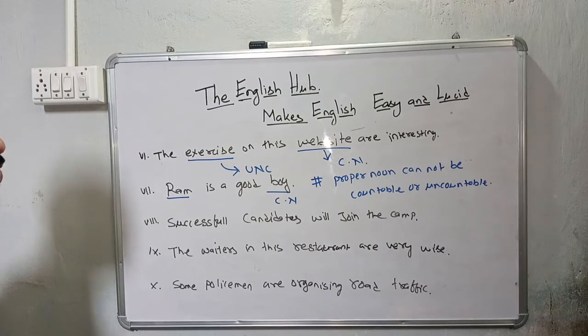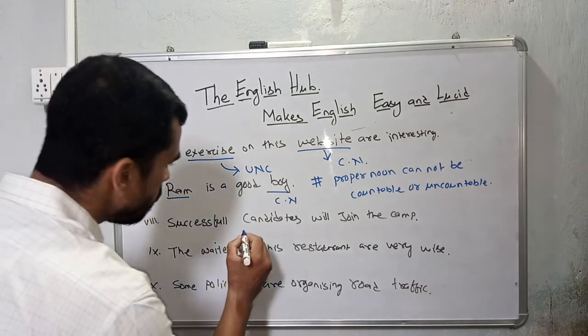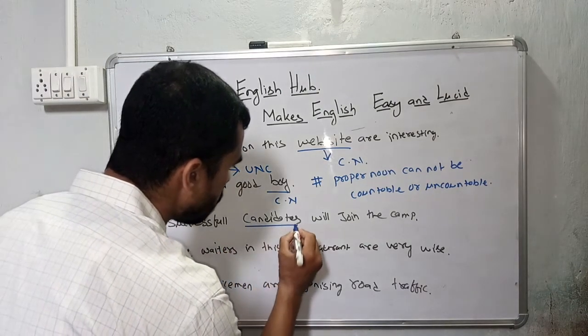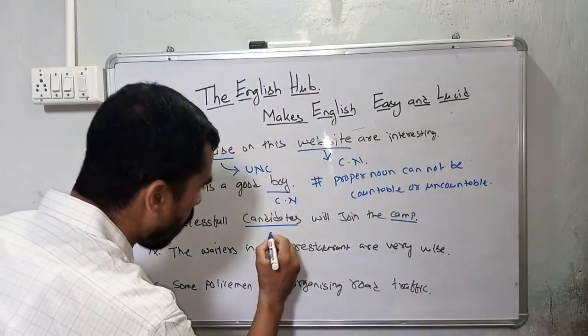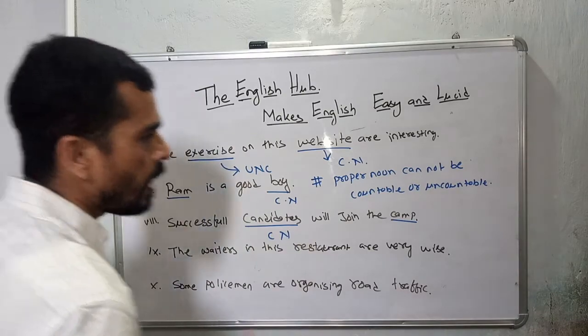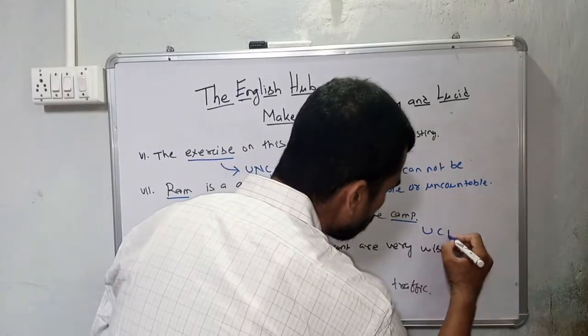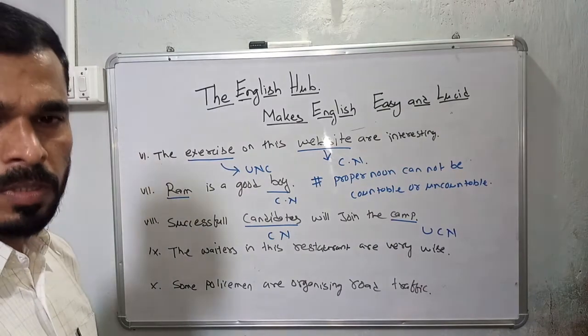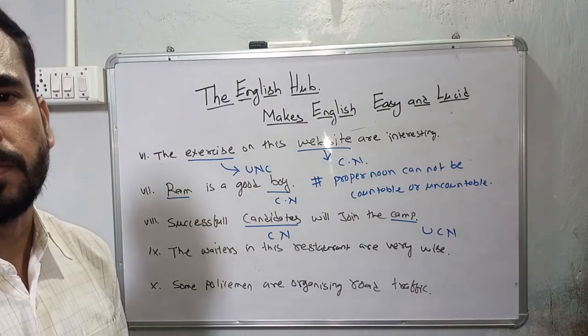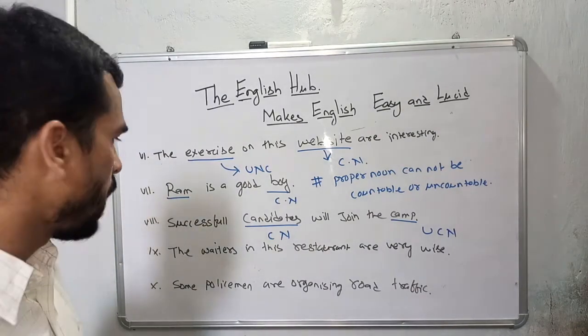Next, question number 8. Successful candidates will join the camp. There are two nouns, candidates and camp. Candidate is countable noun. Camp is uncountable noun. It can be countable. It depends upon the name of the camp. Okay, next.